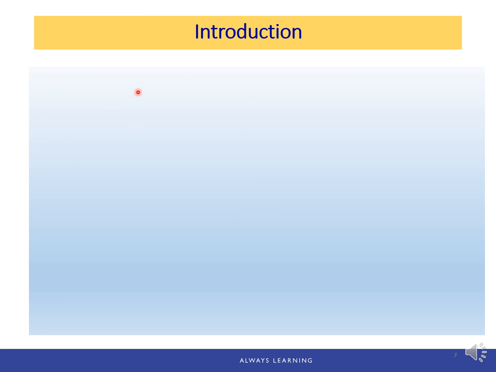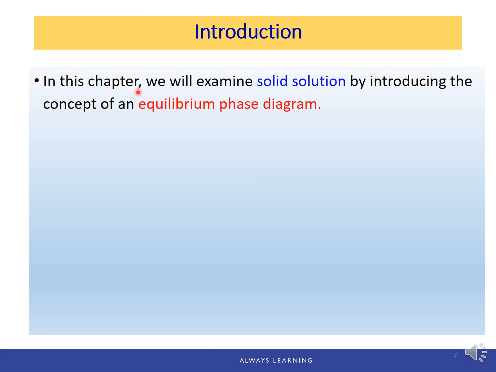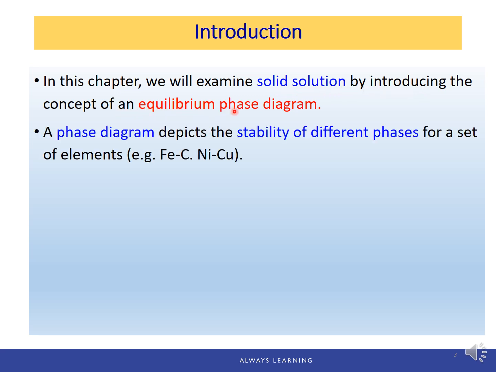To answer the previously mentioned questions, in this chapter we will examine solid solution by introducing the concept of an equilibrium phase diagram. A phase diagram depicts the stability of different phases for a set of elements. For example, the iron-carbon system or the nickel-copper system are the systems that we're going to study in this chapter.